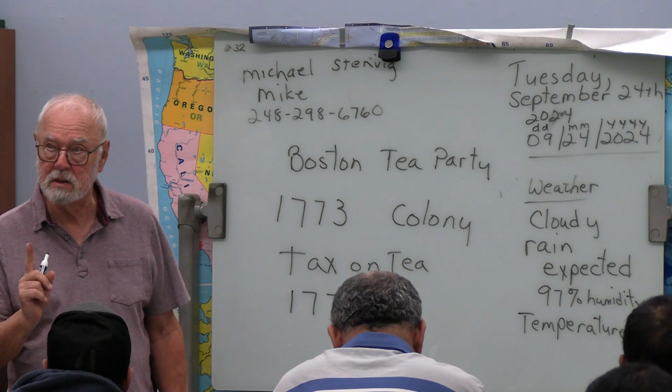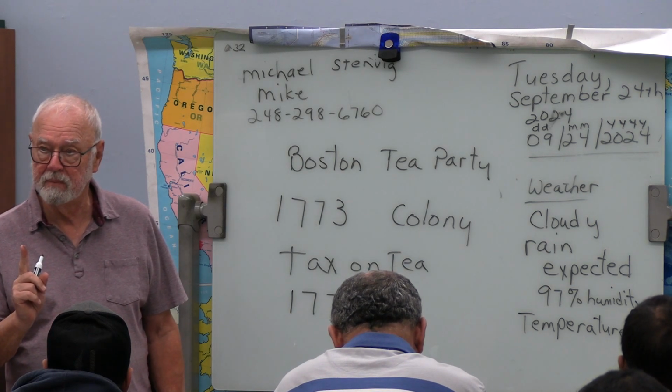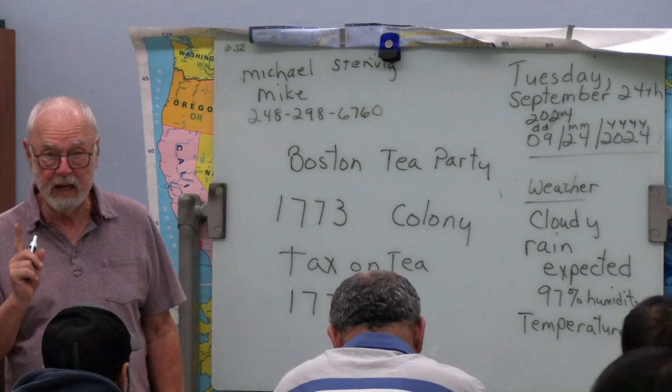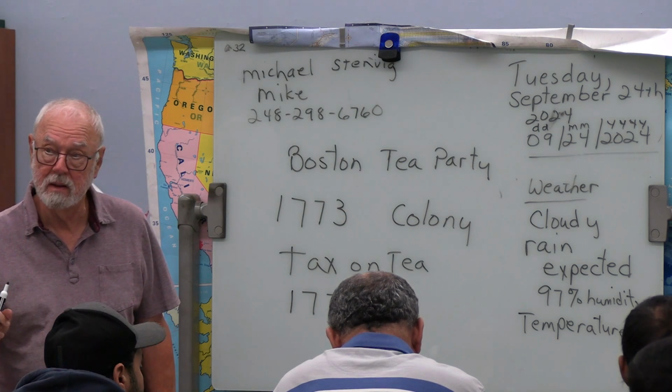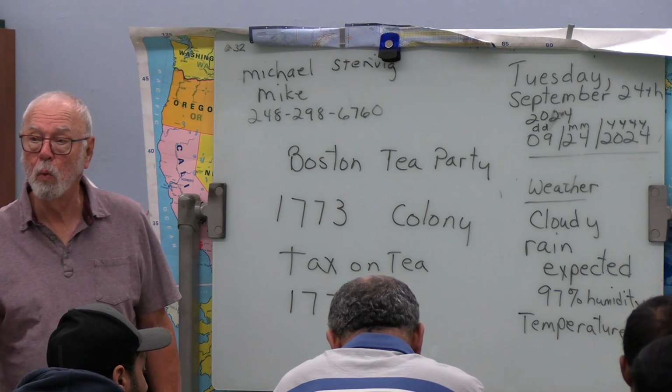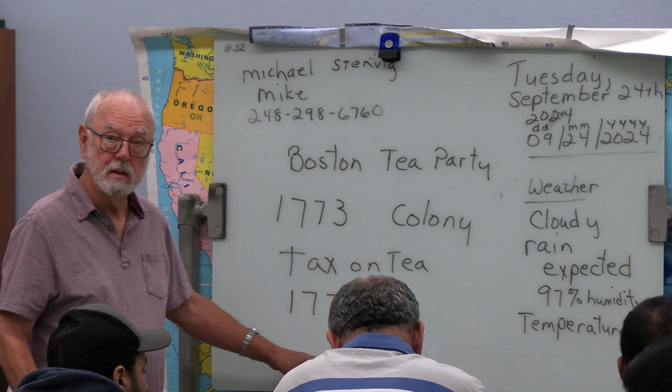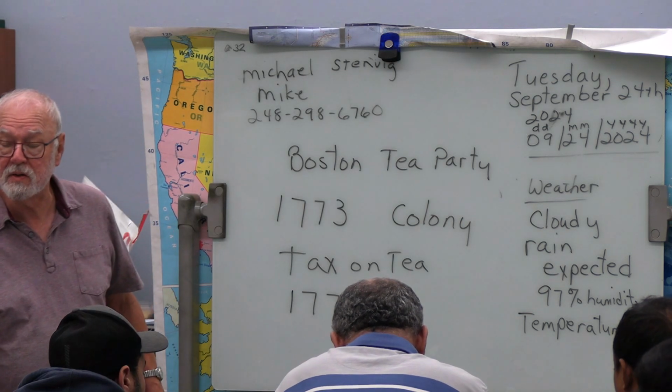What's the date? Special date. 16 December. Signing paper, Thomas Jefferson. What's the paper? Declaration of Independence.